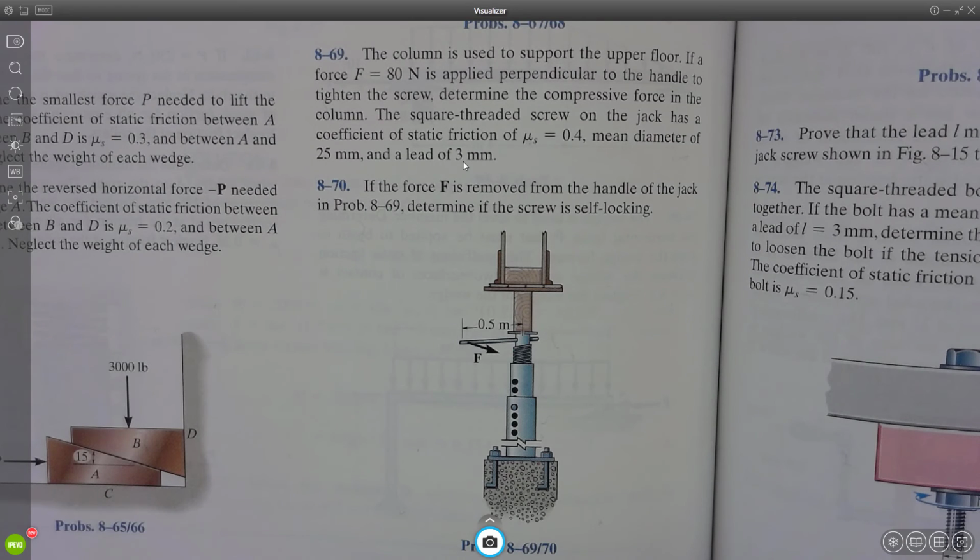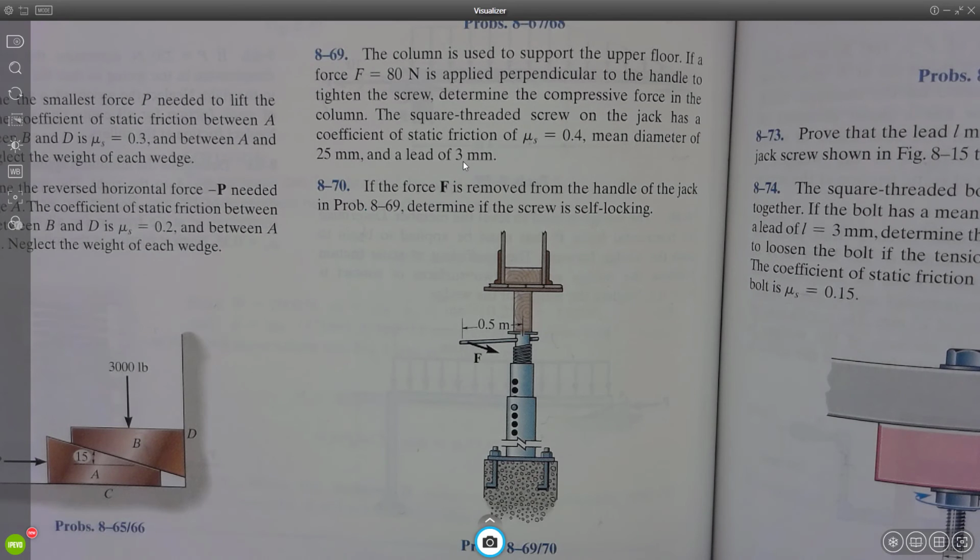Yep, you're trying to find the load on the column. The height of the thread, right?